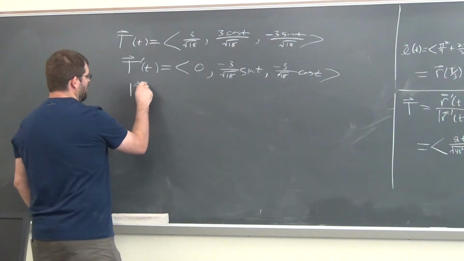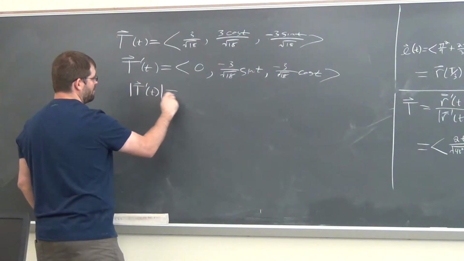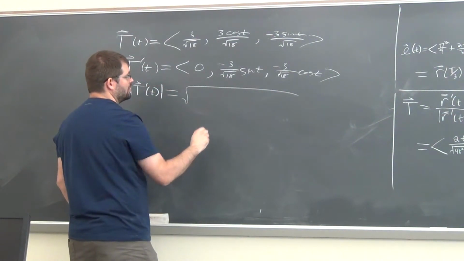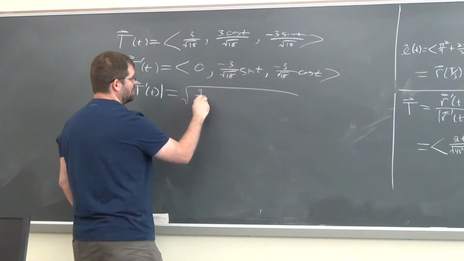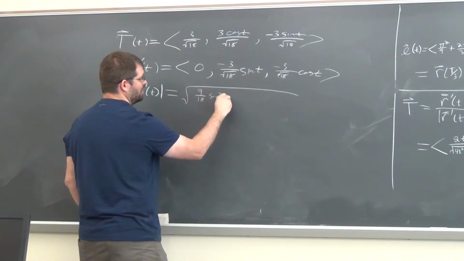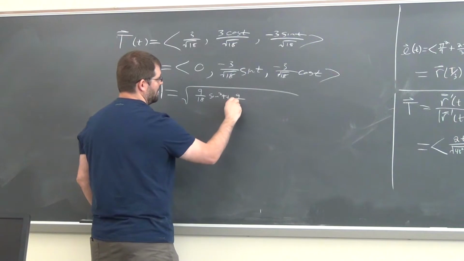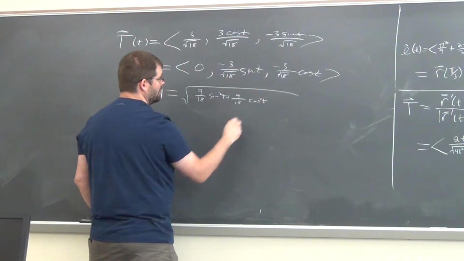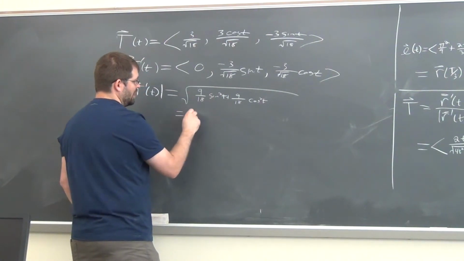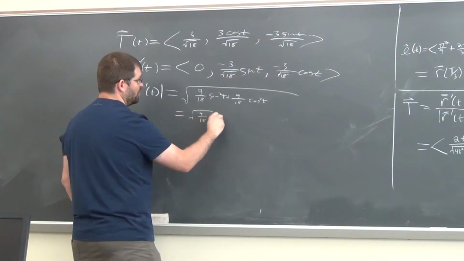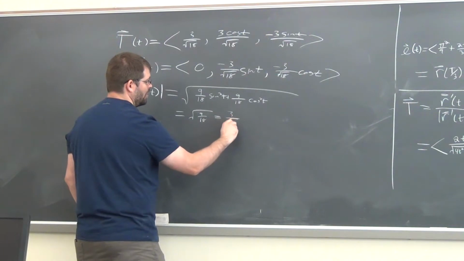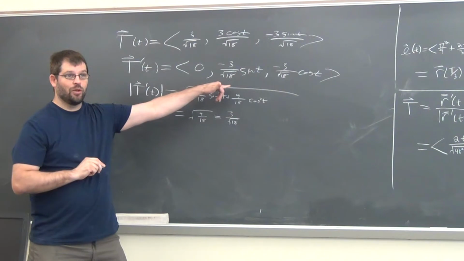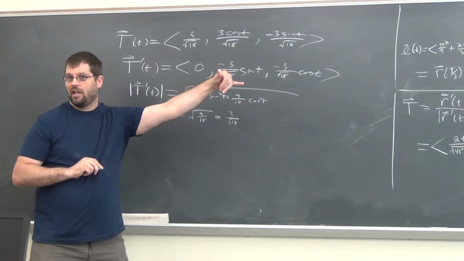So the magnitude of this T prime, right, is the square root of what? 9 over 18 sine squared, plus 9 over 18 cosine squared. Right, and so you just get square root of 9 over 18, which is 3 over the square root of 18. And so now when you divide through, you're just going to clear off those constants in front of them.